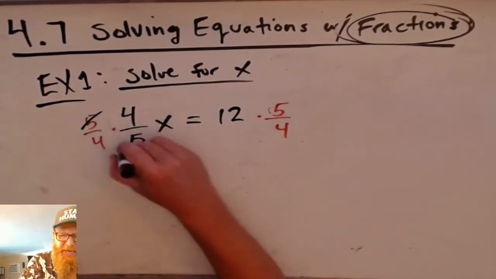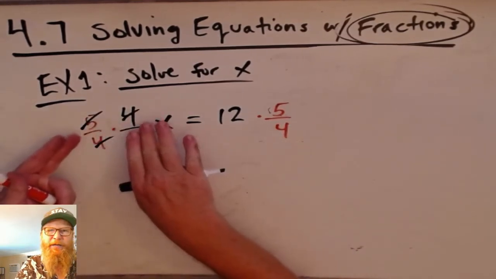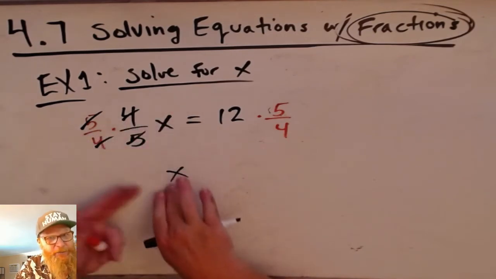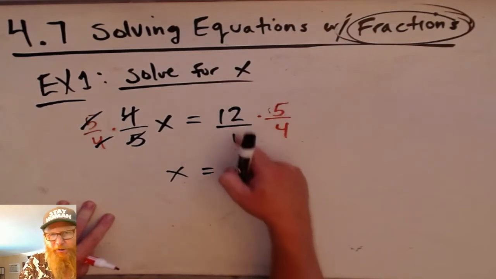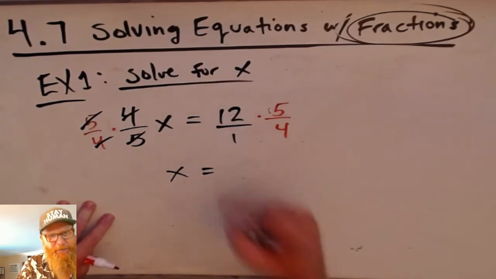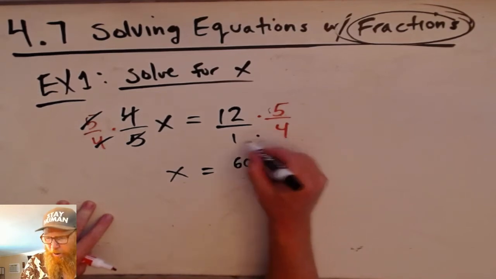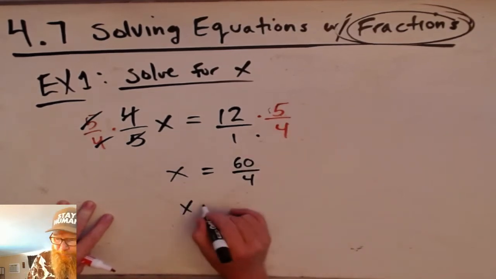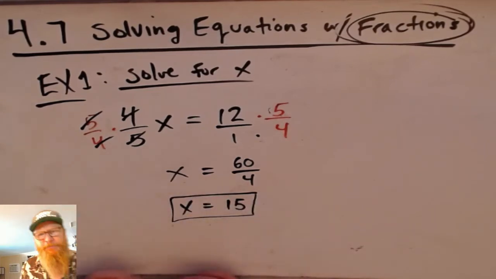These guys are going to cancel out. I'm not even going to show what it is. It's 20 divided by 20, which is, again, just 1. If you have a whole number or an integer, it's a denominator of 1. So you have 12 times 5 is 60. 1 times 4 is 4. And 60 divided by 4 is 15.